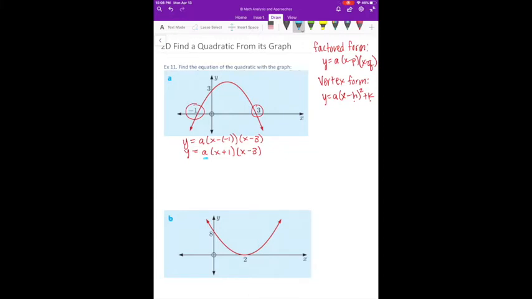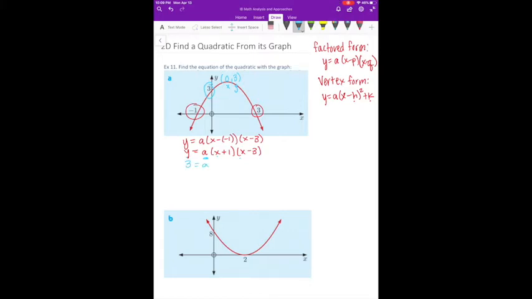If we don't know what a is, we pick a point on the quadratic that we're given. So hopefully we're given a third point. In this case, we are. We are given the y-intercept, which is 3. That is the point 0, 3, so x is 0, y is 3. We plug those in for x and y in my equation.